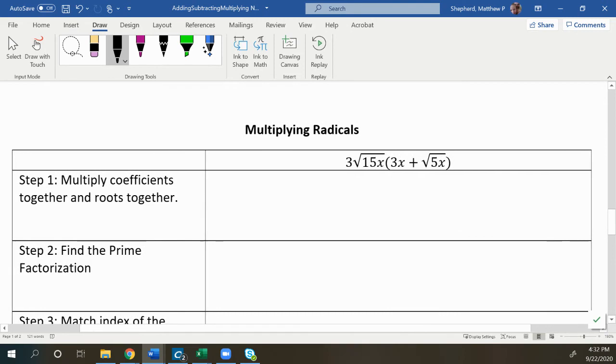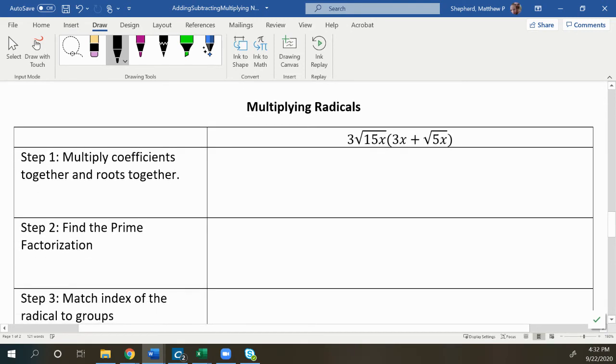All right, next we're going to talk about multiplying. Now with addition, notice we simplified first, and then we found out what the like terms were that we could combine. When you're dealing with multiplication, you're going to multiply first, and then you can figure out what will simplify.